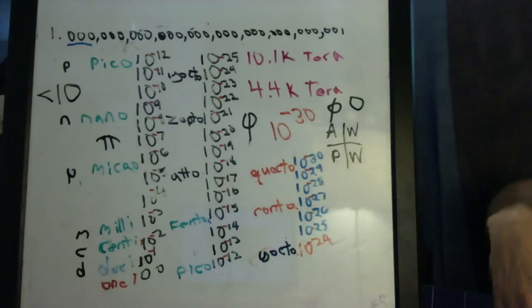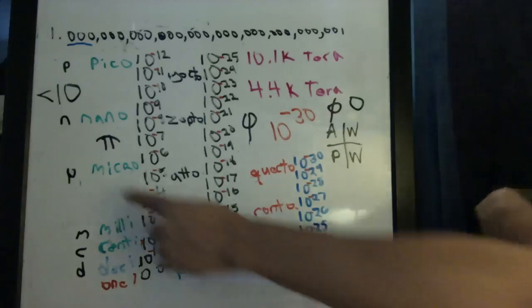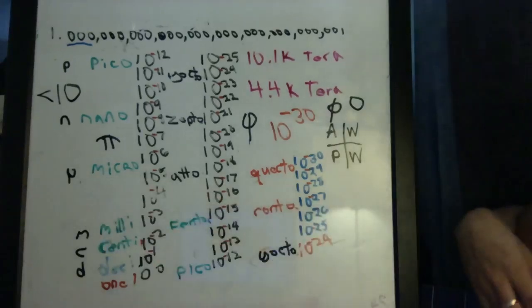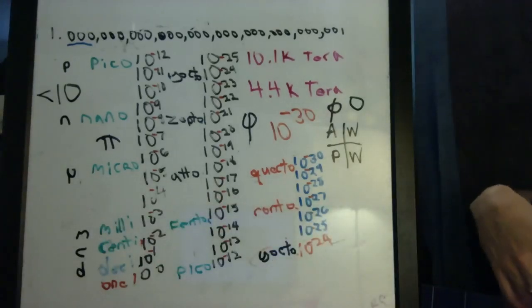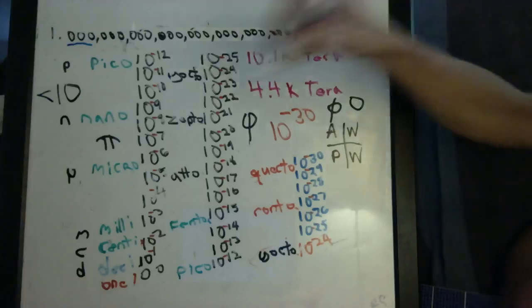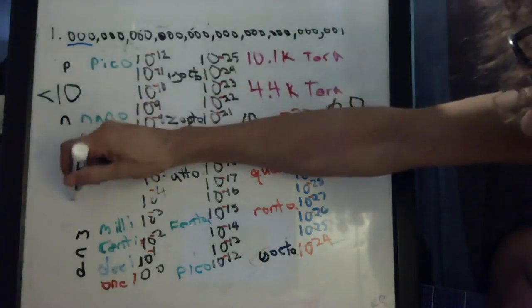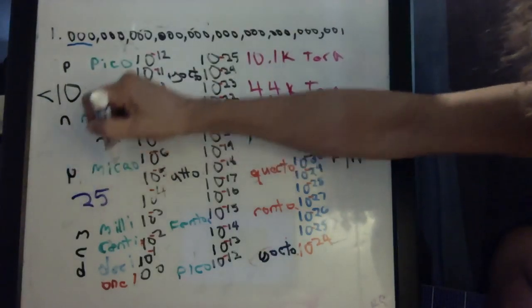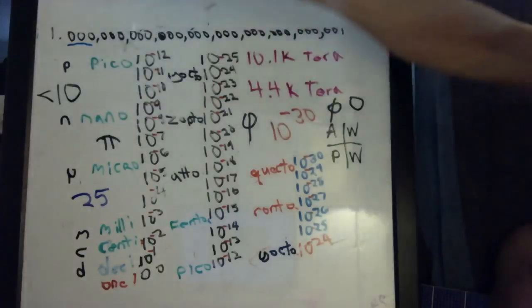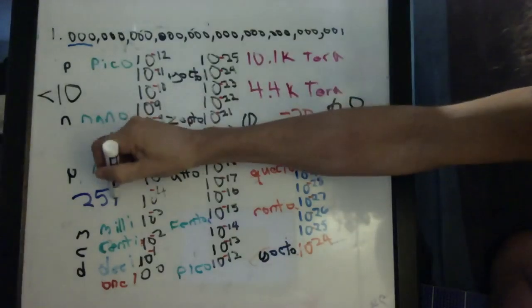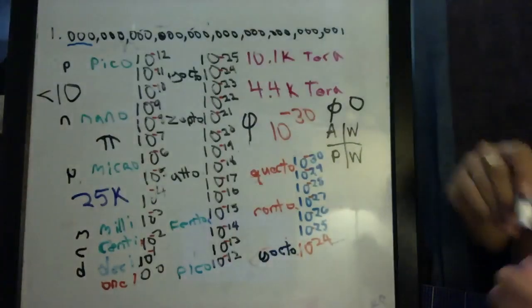And you know it in the symbols, because there's that symbol right there. So if you saw a number like 25, and I put K here in lowercase, that's 25,000.